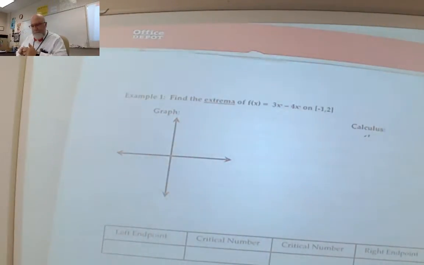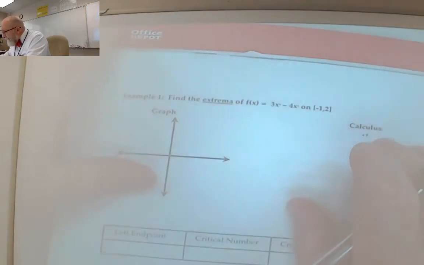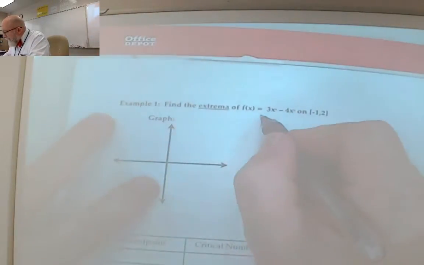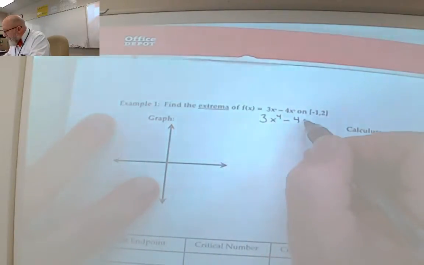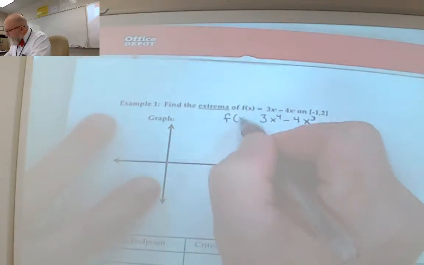Let's look at this example. I believe this is 3x to the 4th minus 4x cubed. I'm sorry about the small print.